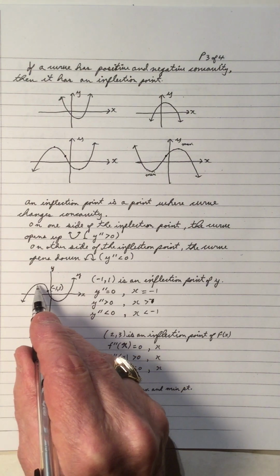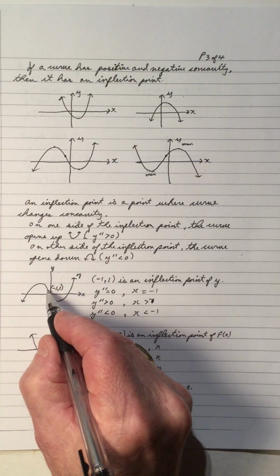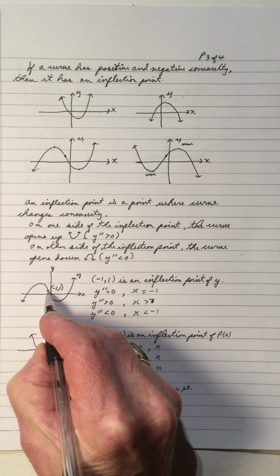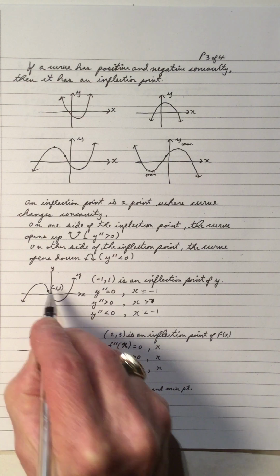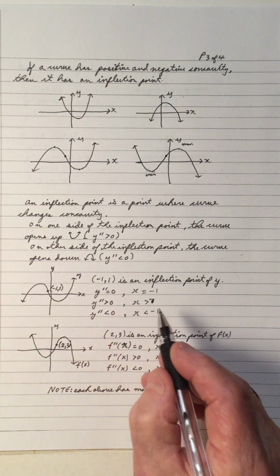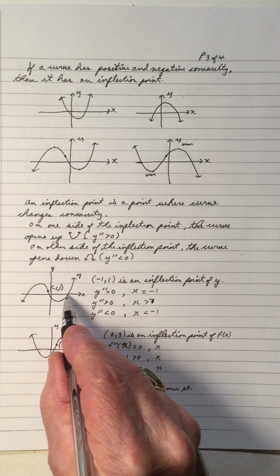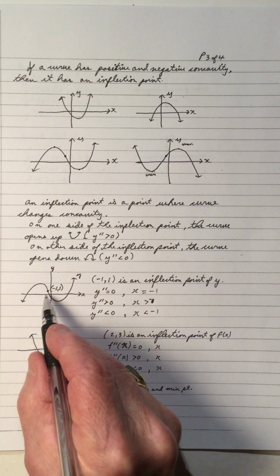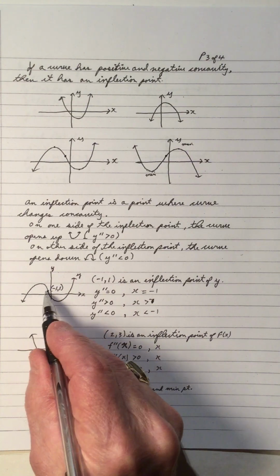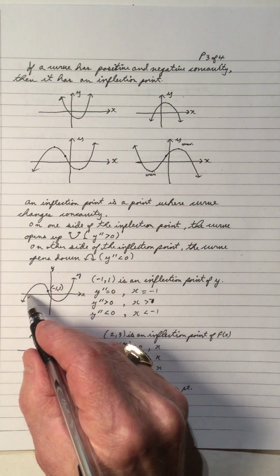So again, this inflection point is occurring at negative 1. At negative 1, we have y double prime equal to 0. Greater than negative 1, we have y double prime greater than 0 because it's positive. And on the left side, less than negative 1, y double prime is less than 0. Concavity is negative.